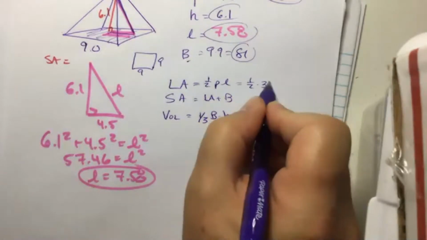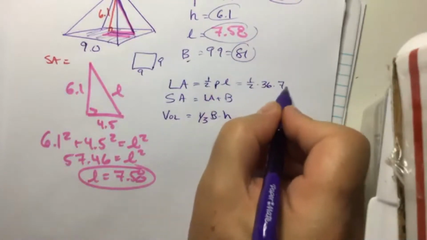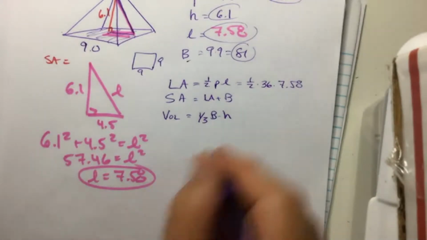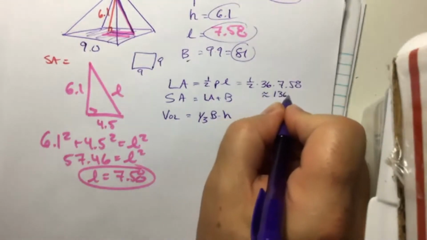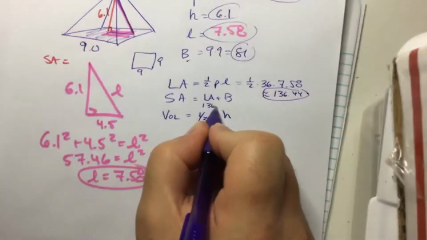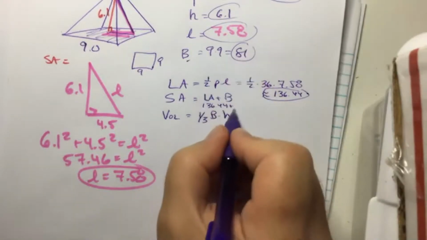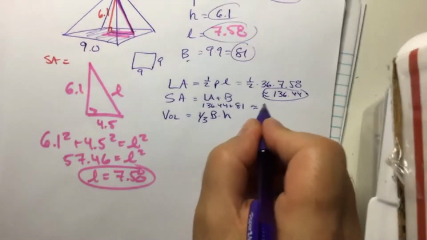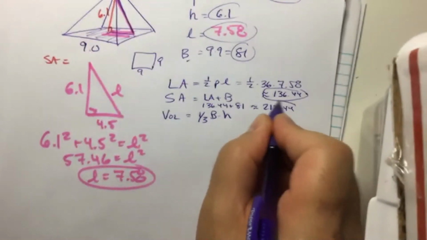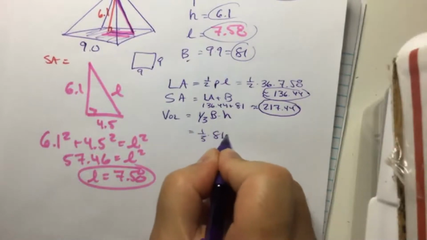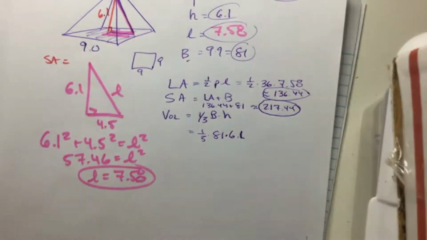So 1/2, 36 times 7.58, 136.44. And then this one is that 136.44 plus 1 base. And then volume would be this base times 1/3 times the height.